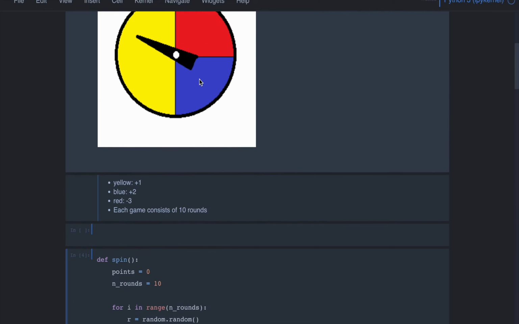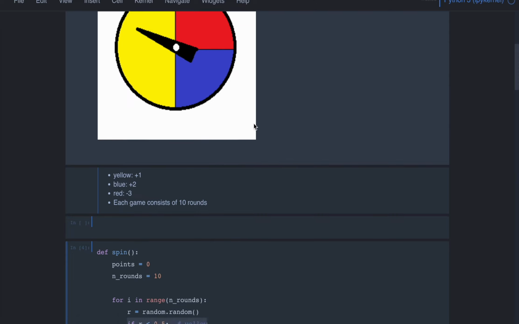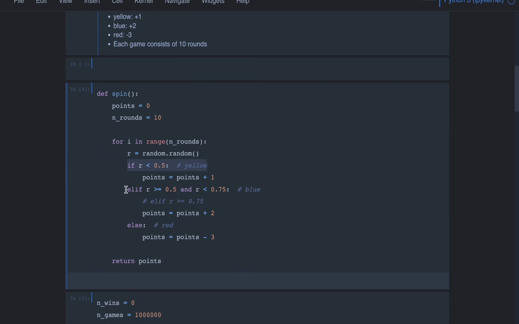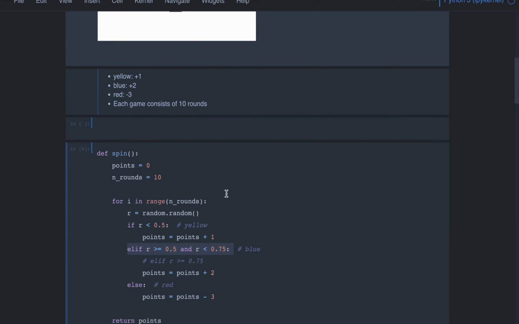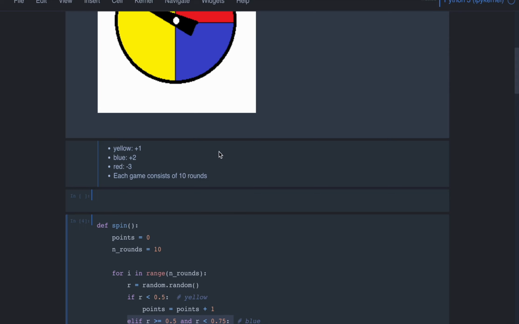And then let's look at the blue region. So this consists of 25% of the circle area, right? Then we can say, if the random number is greater than 0.5 and less than 0.75, that we can call blue region.